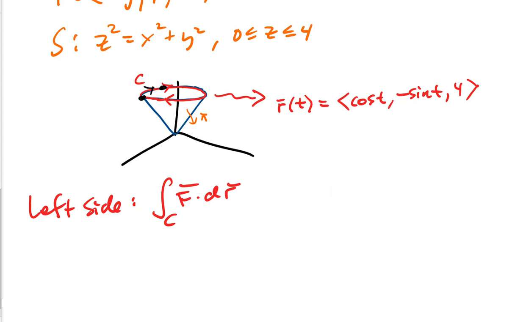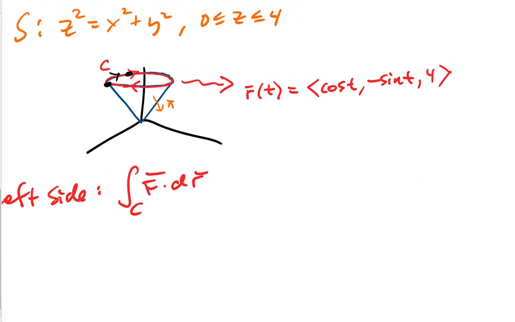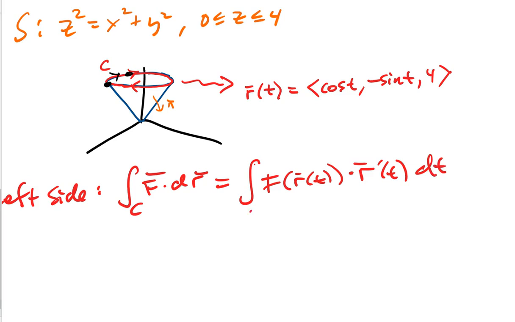Okay, so now go ahead and write down the formula. It's F of r of t dotted with r prime of t dt, and t goes from 0 to 2 pi.